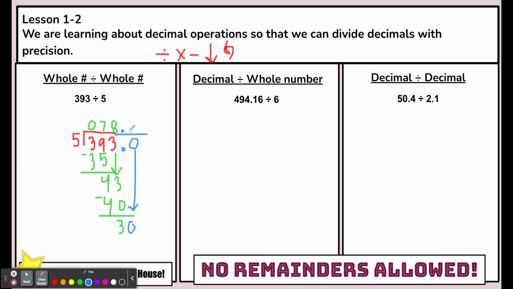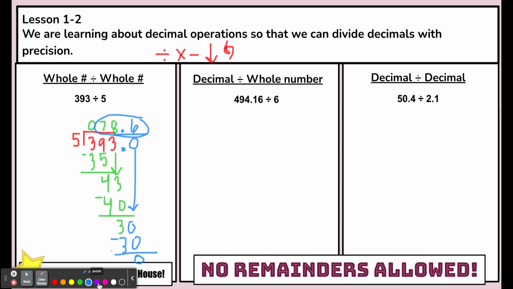So 5 goes into 30 6 times. 5 times 6 is going to be 30. And this is when I subtract, I get a 0. I know I'm done with this problem because I don't have a remainder. The remainder is 0, and I do not have any more numbers to bring down. So my answer is 78.6.